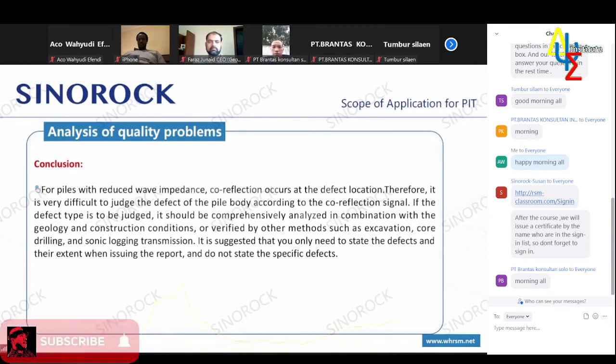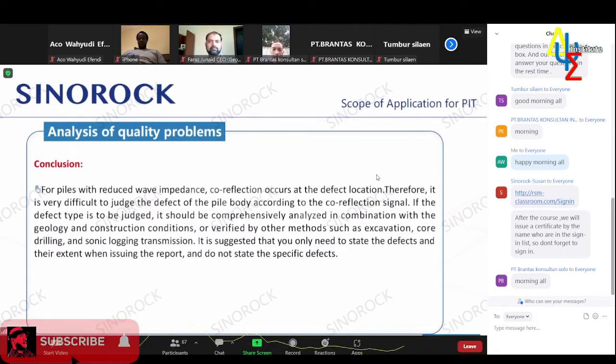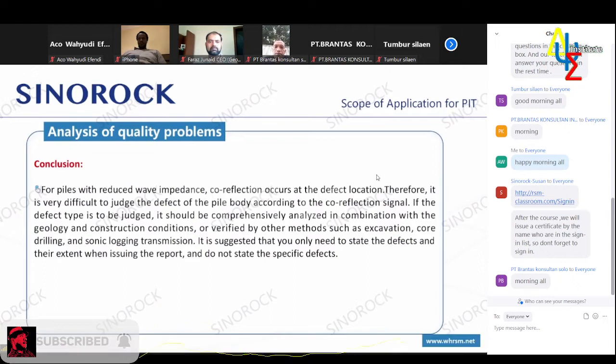It is actually very difficult to judge the nature of the defect of the pile body according to the reflection in the same direction. If the nature of the defect is to be judged, it should be comprehensively analyzed in combination with the geological construction conditions, or verified by excavation, core drilling, acoustic transmission, and other methods.